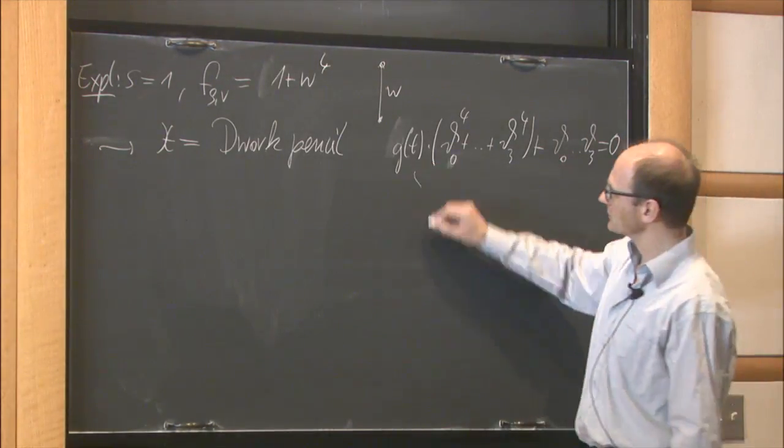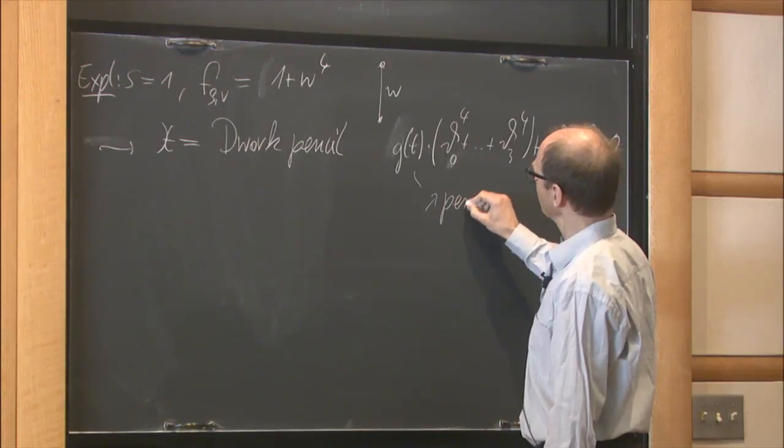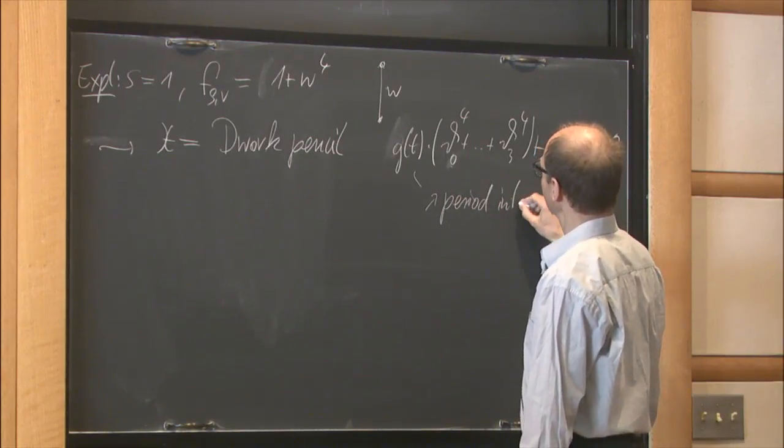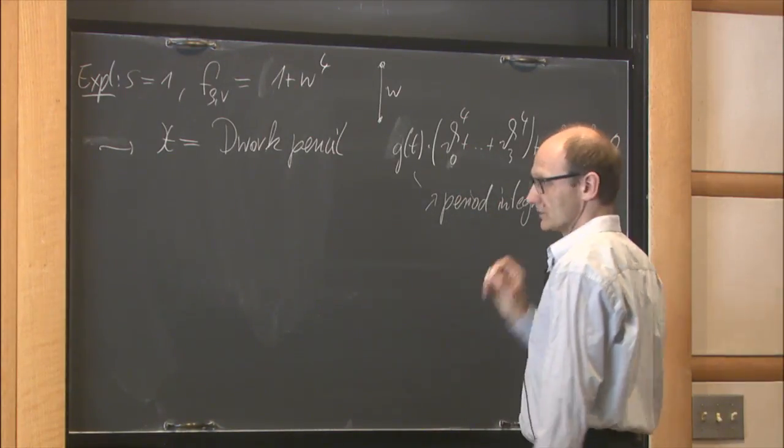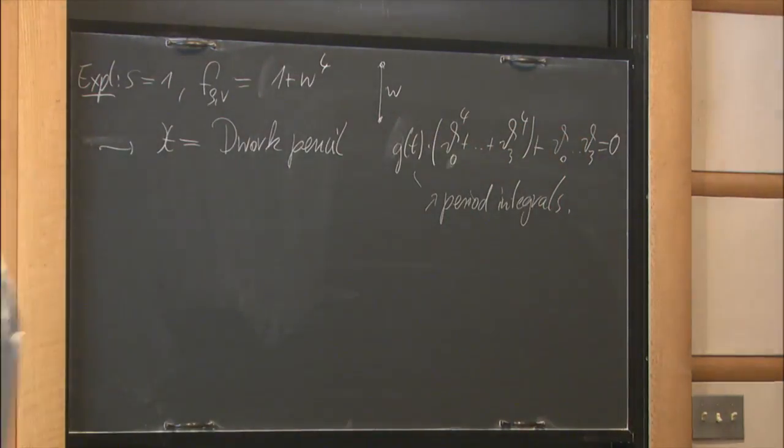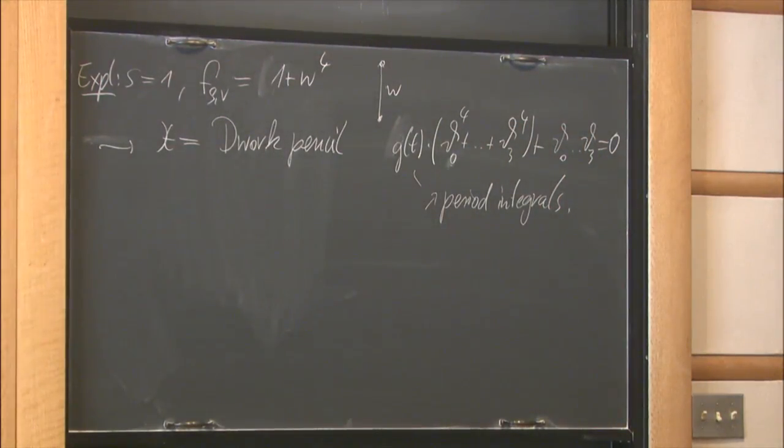Yeah? And that function can be fixed by period integrals that I'm going to tell you in a few minutes. So in this case, we know it. In general, we don't.